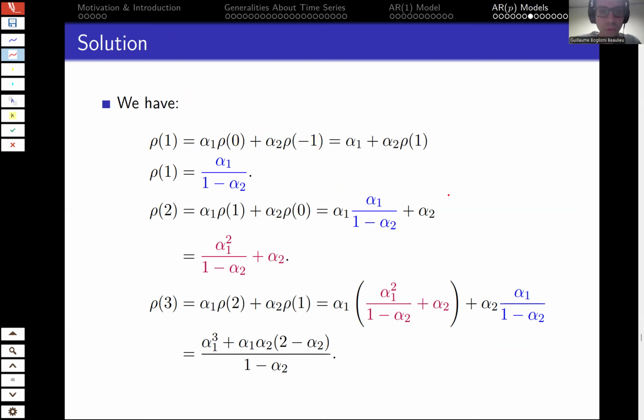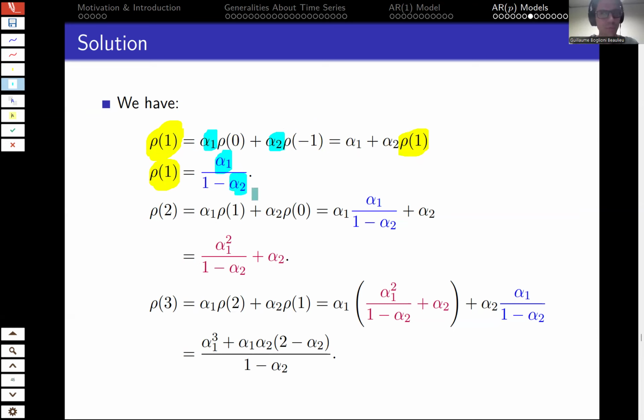This explains what we have here: alpha 1 rho 0 plus alpha 2 rho minus 1. But of course, rho minus 1 is rho 1. So now we have an equation with only one unknown, because assume you know what those parameters are. With an equation of just one unknown, which is rho 1, you can easily solve and find what rho 1 is as a function of alpha 1 and alpha 2.